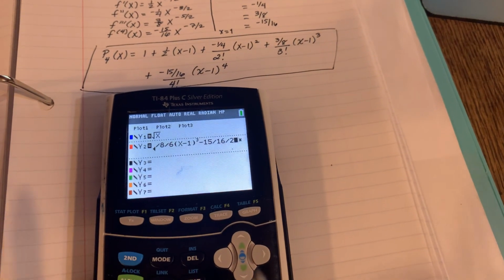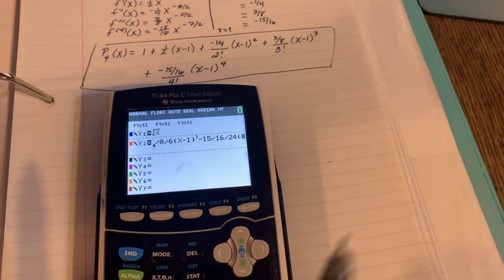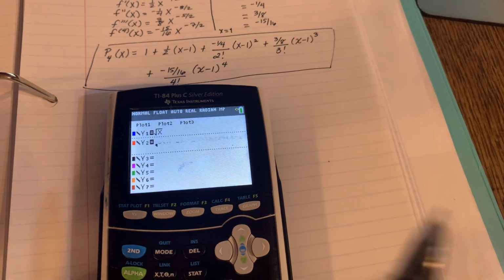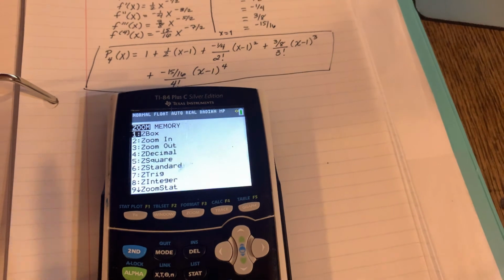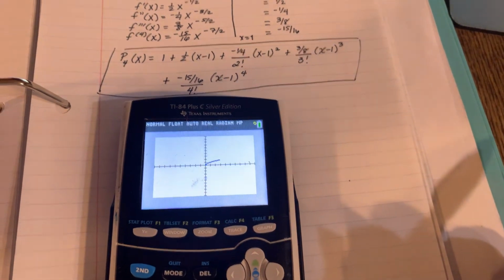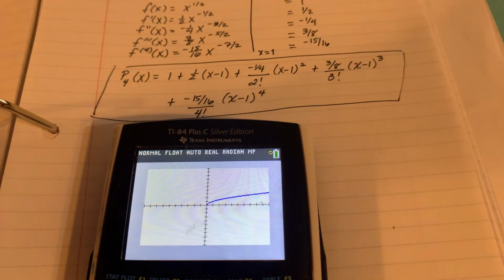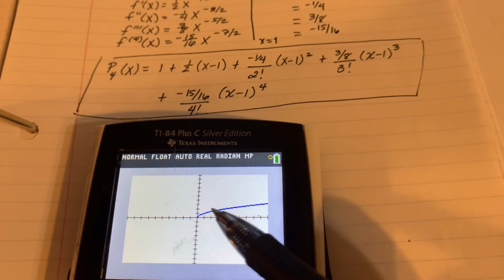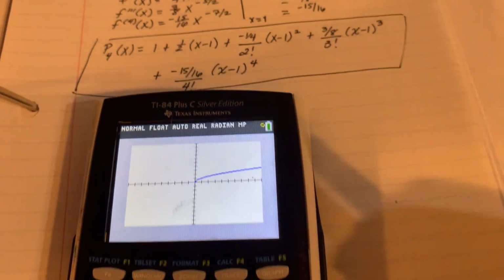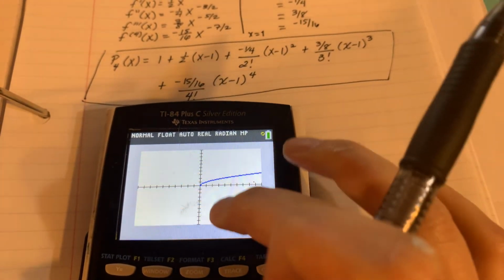So that would be 24 times x minus 1 to the 4th. Now it should be good at 1 if we did it correctly. Doesn't matter about at 0.